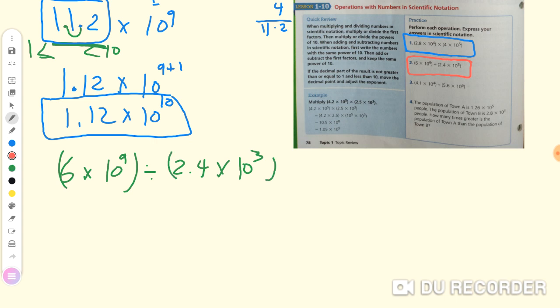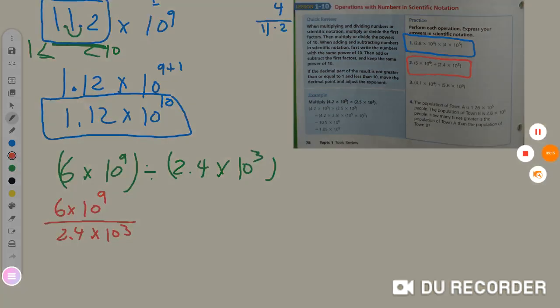I can write it in a very easy way: 6 multiply 10 to the power 9 divided by 2.4 multiply 10 to the power 3.